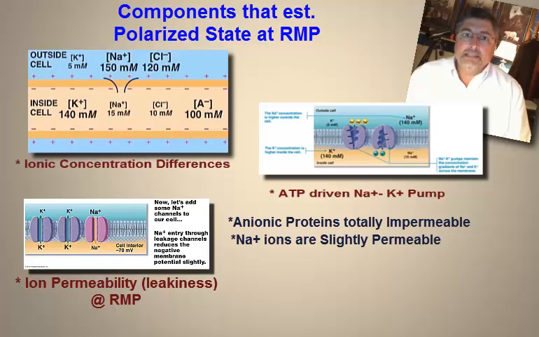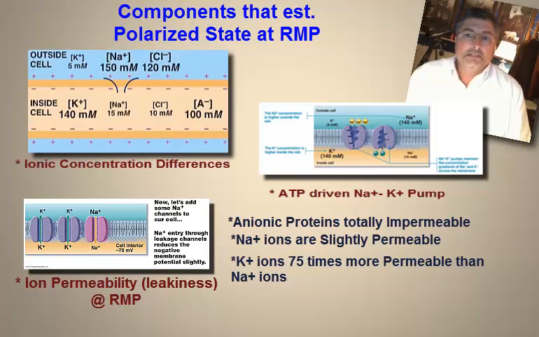But potassium is about 75 times more leaky than sodium, and potassium will move out. So for every sodium that moves in, you'll have 75 potassiums moving out, making the outside more positive at rest and ensuring that that ATP pump has to work continuously.